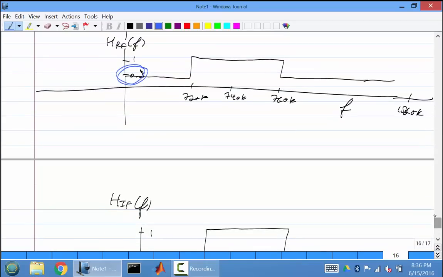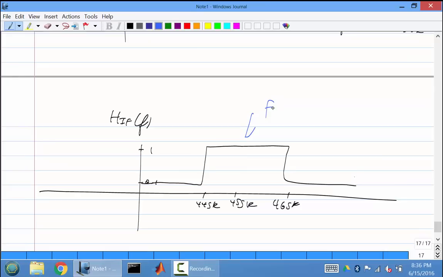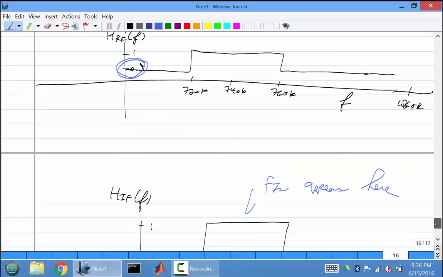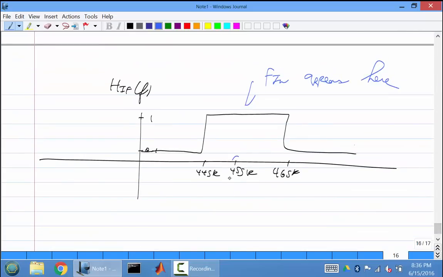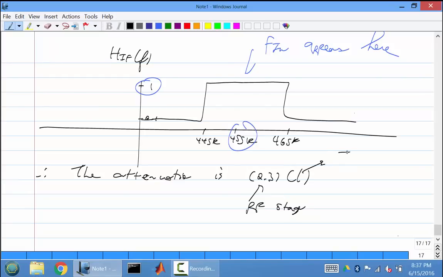Then when you pass it through the intermediate frequency stage and mix it with the superheterodyne, the image frequency, F_IM, will appear at 455, and the attenuation there is equal to 1. Therefore, the attenuation is 0.3 times 1.